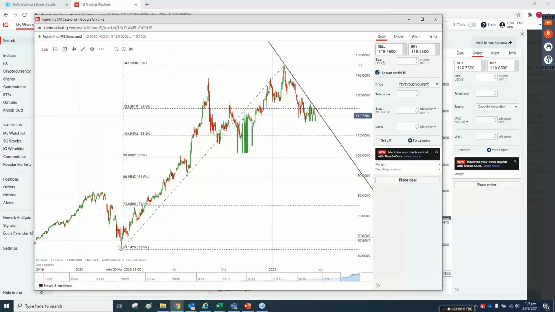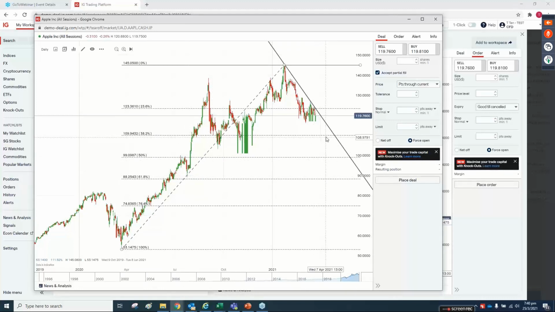Once I've drawn this in, since the start of the pandemic until now, if we were to have a correction, 38.2% is here. So it's still early days. 50% is here, which is actually quite close to this block trade area. And 61.8% is here, which is actually the start of this move here. So it's still early days.